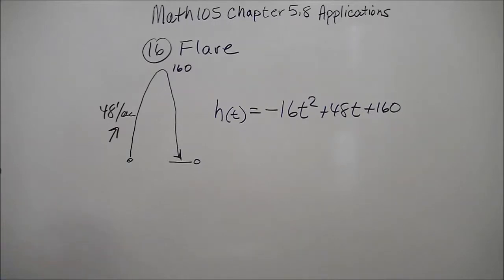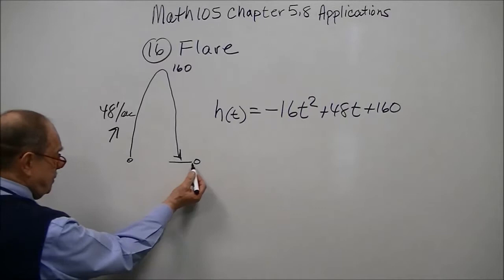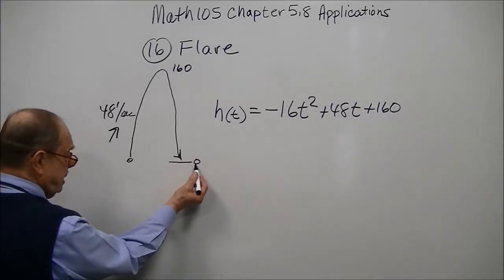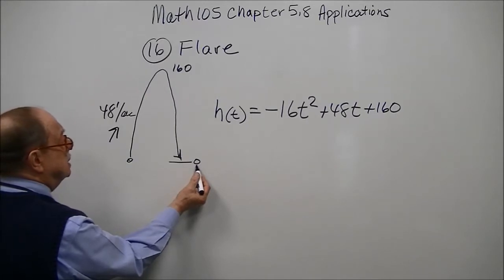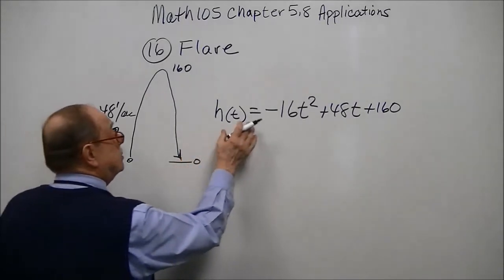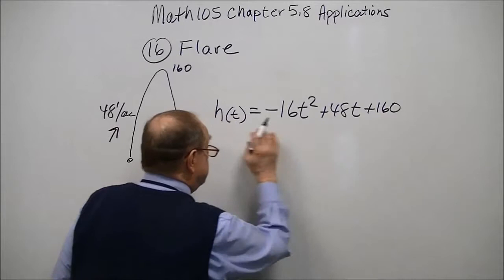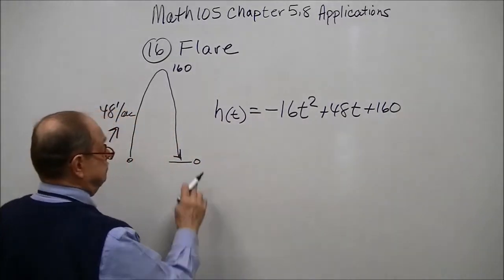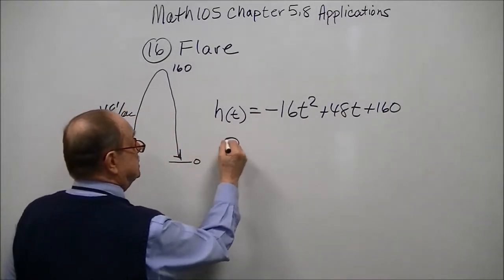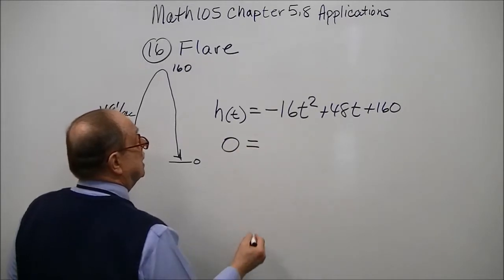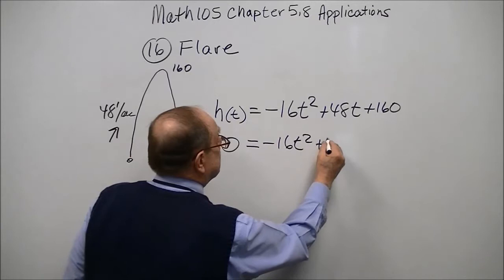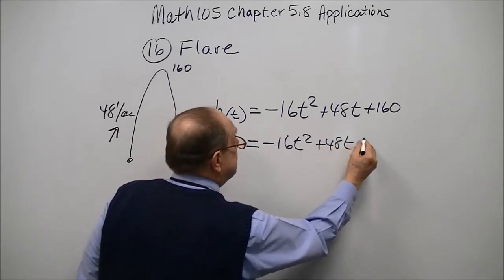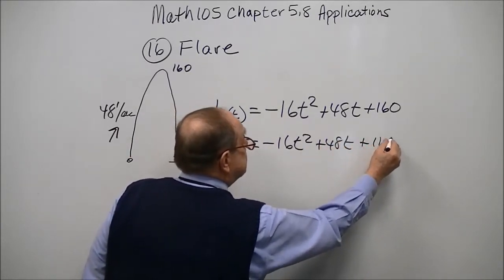But again, what do we do? Well, we're looking for the time that it hits the ground. So here we're saying that this is going to equal 0. So we put a 0 there, and then negative 16t squared plus 48t plus 160.